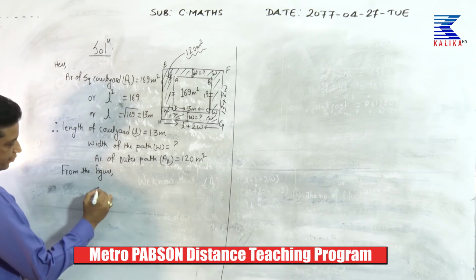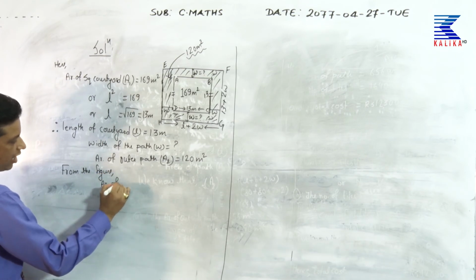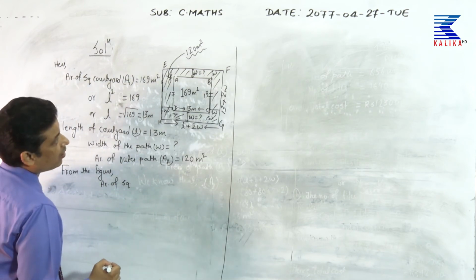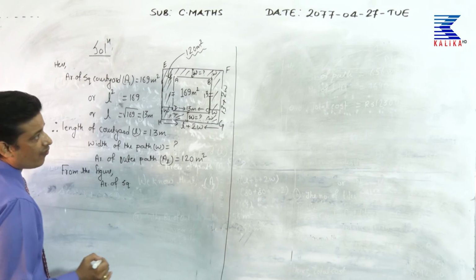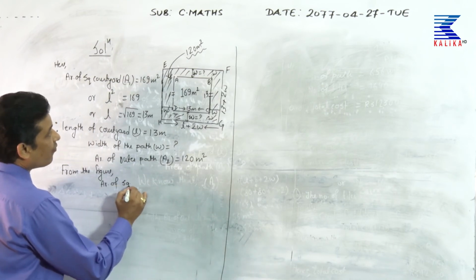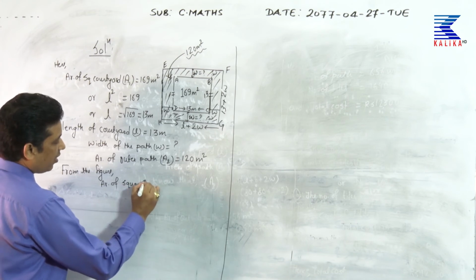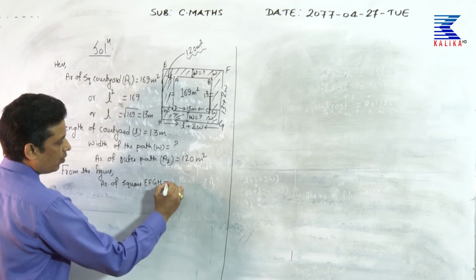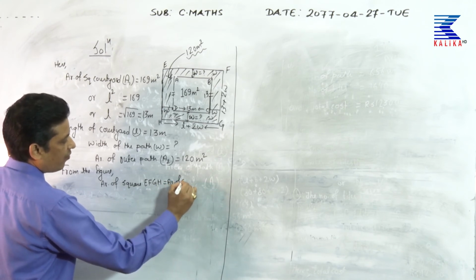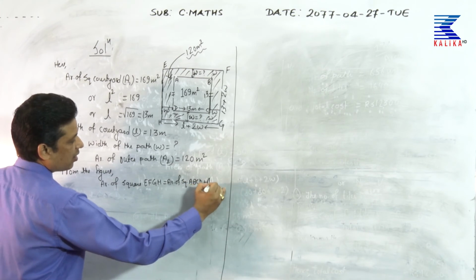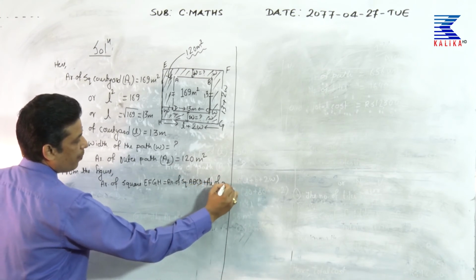Area of square courtyard with path, means area of square EFGH, is equal to area of square courtyard ABCD plus area of path.